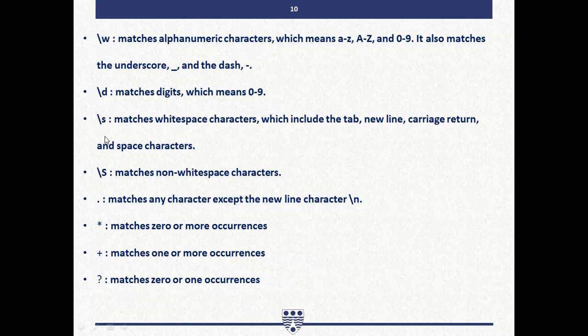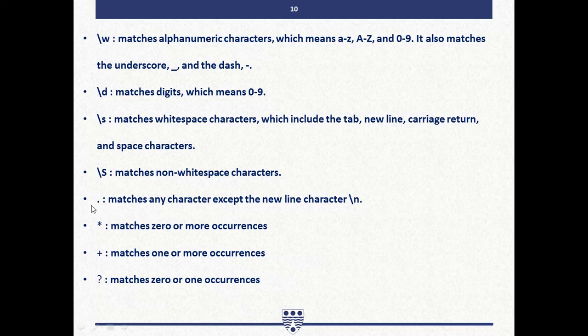Now if you use the capital S with a \, this matches the opposite of this. So if you want the opposite of this, you simply use this. So this matches non-white space characters. Does that make sense? All right, then the dot here, this is very important because we used it in our example that we just saw.